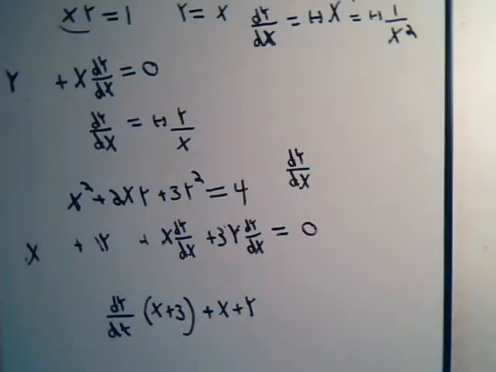And that is supposed to equal 0. So take this over to this side, and we can say minus x plus y, because that'll be minus x minus y, and divide it by this, and there is dy/dx.